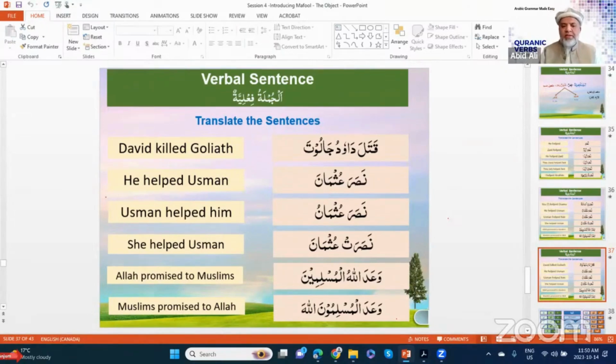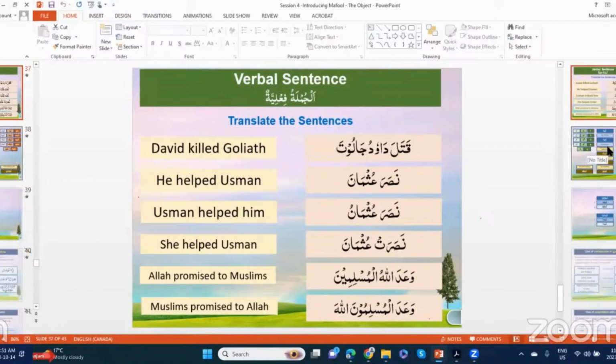Maf'ul could be an inside pronoun or an outside noun. So inshallah, with that, you understand how to identify a verbal sentence. In a verbal sentence there are 3 parts: the fi'l, the fa'il, and the maf'ul. Through the examples, we saw different variations and learned their relationship with each other. Are we clear on this?